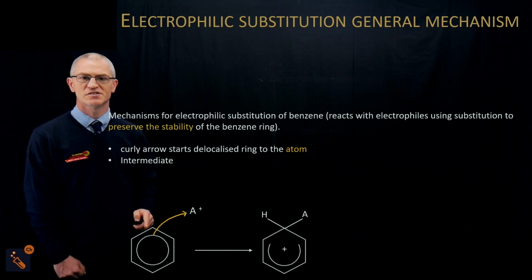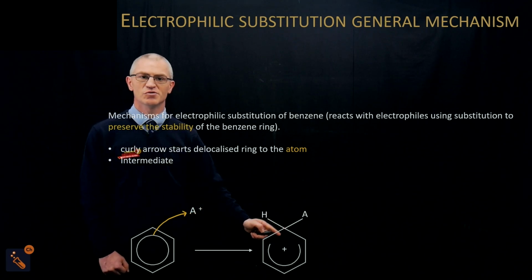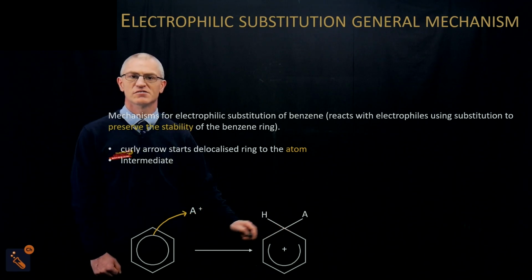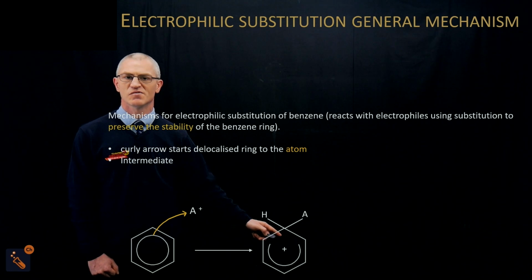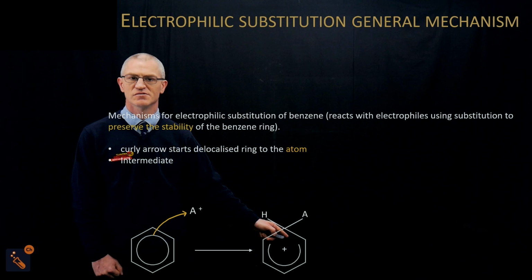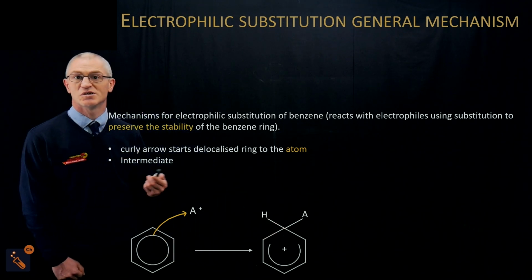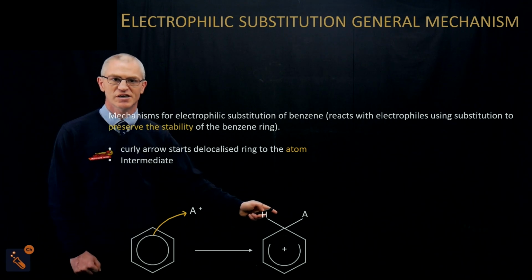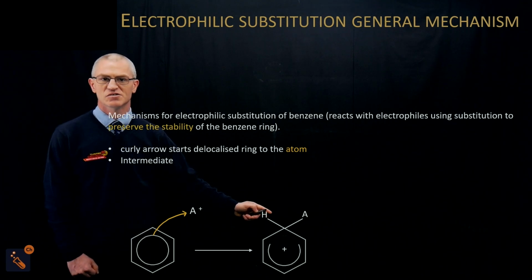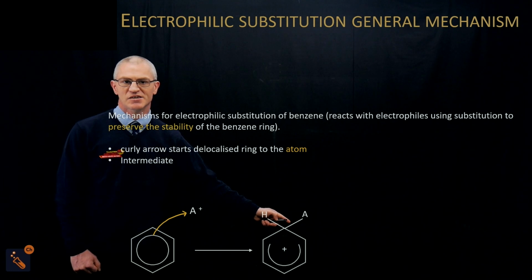If you think of the 6 sides to a hexagon, that means that I remove 2 sides of this circle. Can you see I've taken the part of the circle that's that side and the part of the circle that's that side. So I've taken out 2 sections of the circle, which means I've removed 2 electrons. Those 2 electrons have gone to the bond to the A right here.